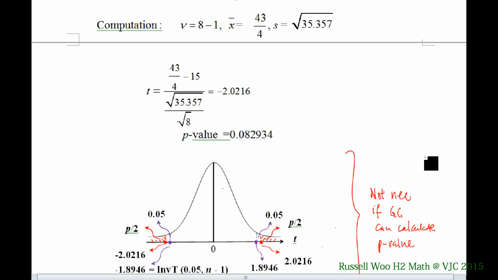Okay, then I want to go through this calculation here. I'm trying to explain this, okay?